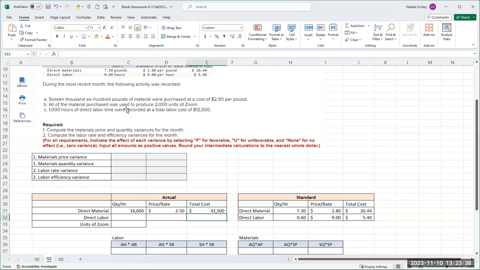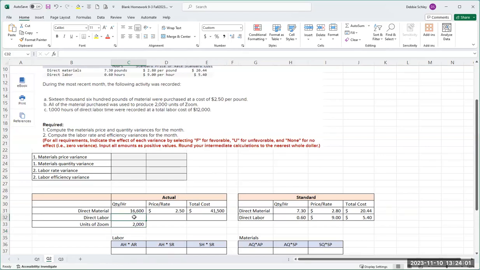All of the materials purchased was used to produce 2,000 units of Zoom. So right here, I'm going to put 2,000 units of Zoom and 1,000 direct labor hours, hours of direct labor time.